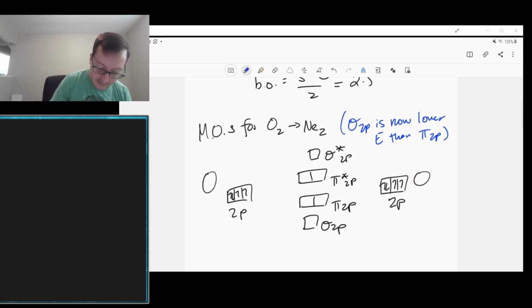So in this case, let's go ahead and start filling these out. And there is evidence for this, by the way. We have 8 electrons here, so 1, 2, 3, 4, 5, 6, 7, 8. So oxygen is paramagnetic.